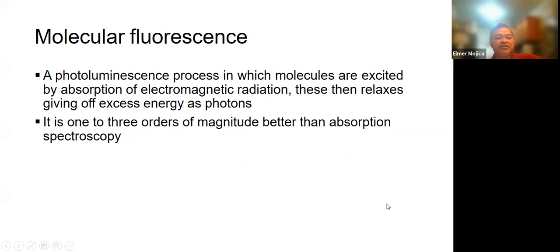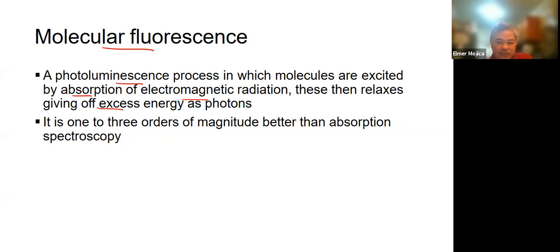So if we look at some aspects specifically, we have what we call molecular fluorescence. This is a photoluminescence process in which the molecules are excited by absorption of electromagnetic radiation, and then relax, giving off excess energy as photons.